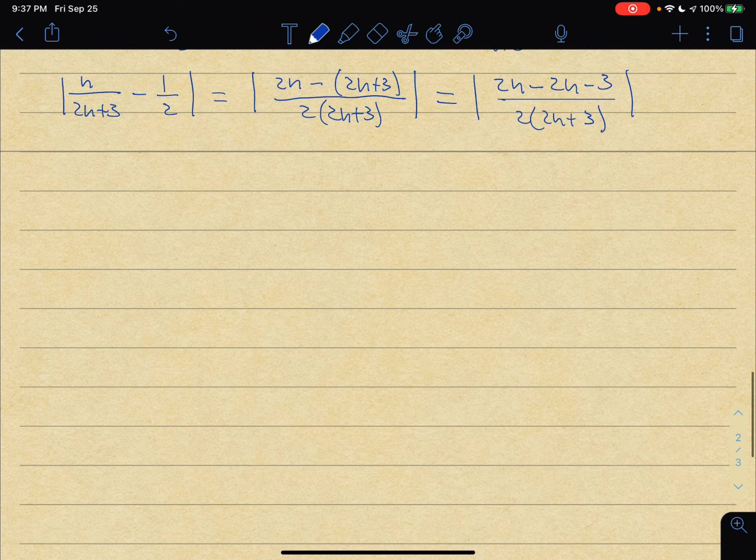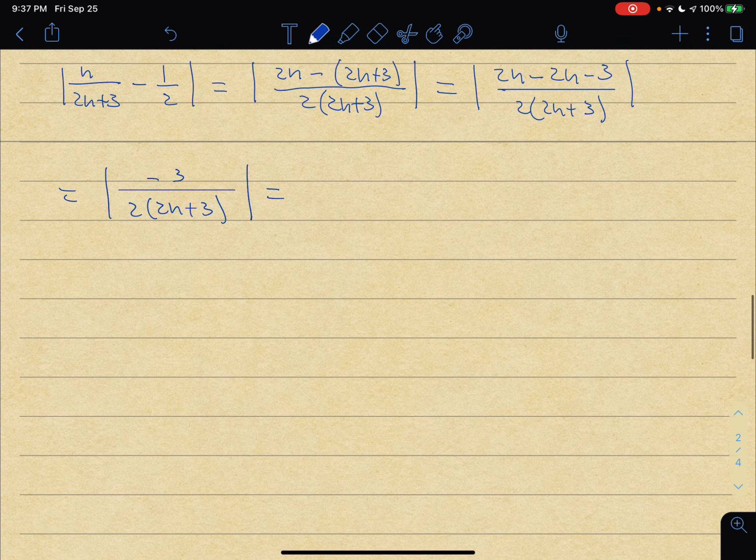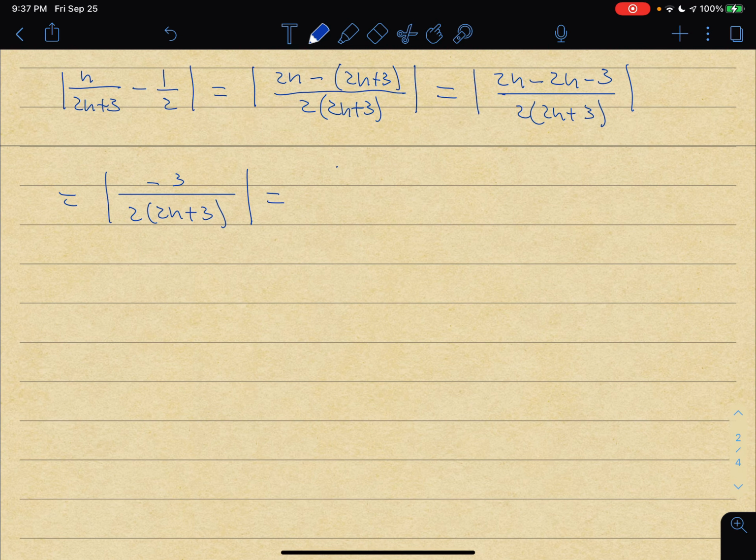And this simplifies to the absolute value of minus 3 over 2 times (2n plus 3). And if I take absolute value, the only thing that can be negative is minus 3 on the top, so its absolute value is plus 3. So this is going to be 3 over 2n plus 3.